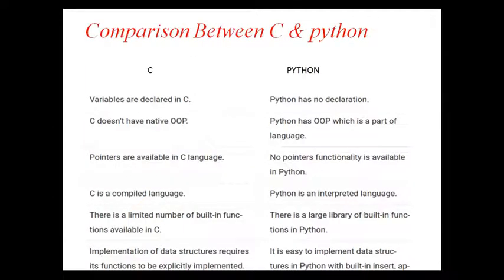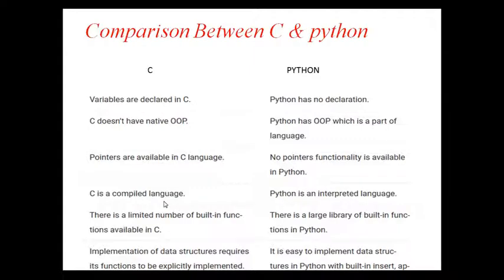So here's a comparison between C and Python. What is C and what is Python? Some comparisons I have shown here, like C is complex, whereas Python is easy. In C, indentation is not mandatory, whereas in Python indentation is mandatory. Pointers are available in the C language, but no pointer functionality is available in Python.